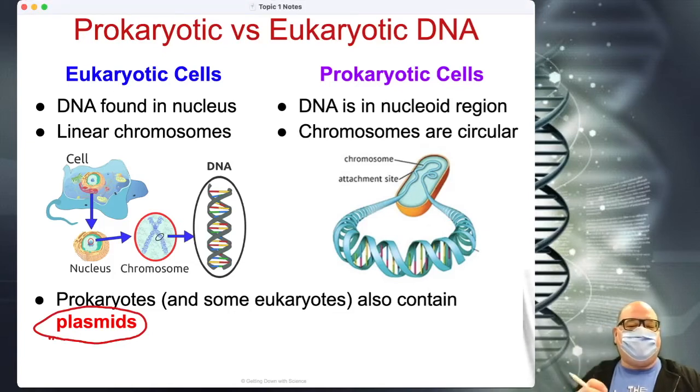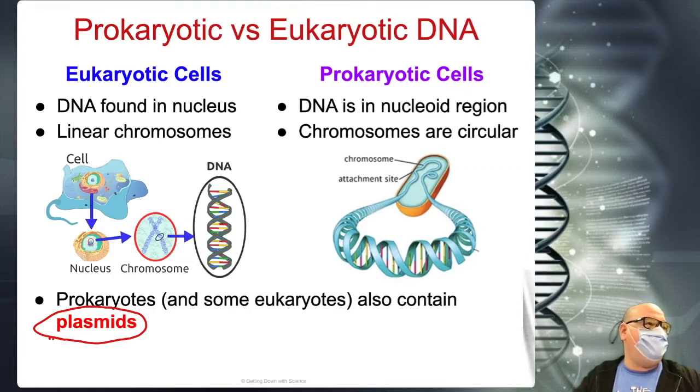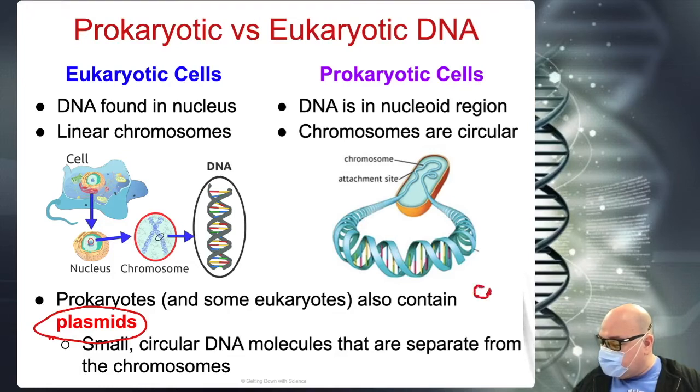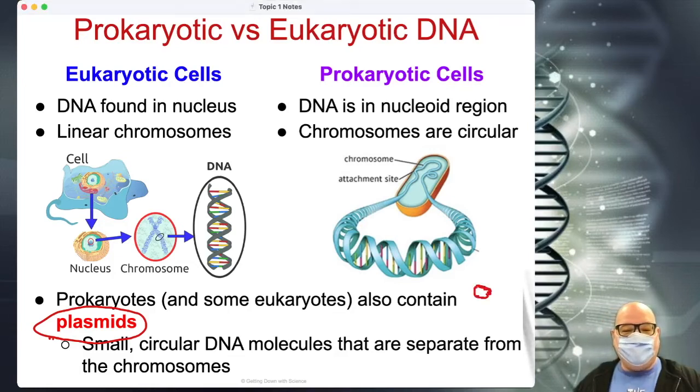Plasmids are short little sections of DNA, and that's what, when we do the lab where we make the jellyfish that glow in the dark, we push plasmids inside of the bacteria. Those are man-made plasmids that we can use to basically modify the genetic makeup of something. So what are plasmids? They're their own little circles of DNA that are separate from the chromosomes.